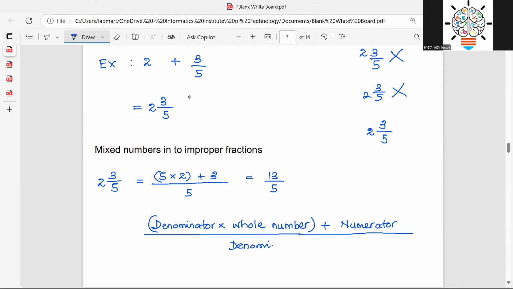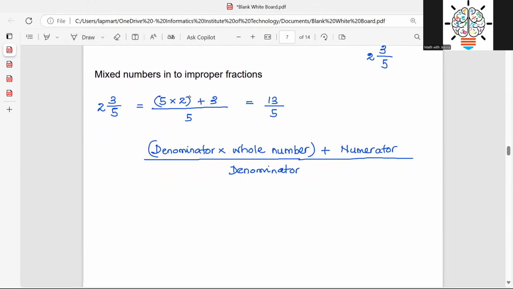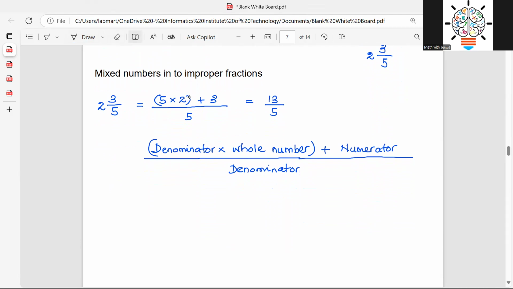Here the denominator is 5. So then you write it like this, when you want to convert the mixed number into an improper fraction. So 5 times 2, 10, 10 plus 3, 13, 13/5.